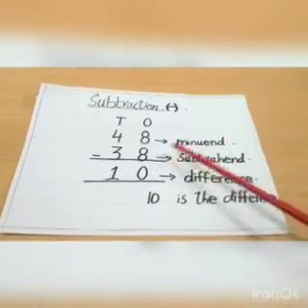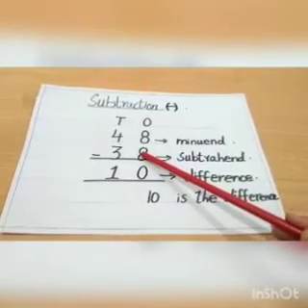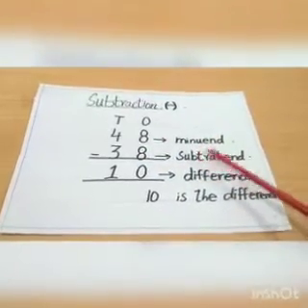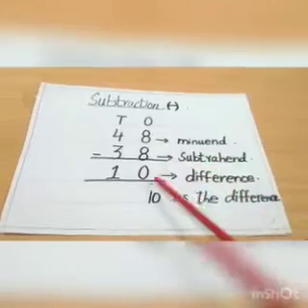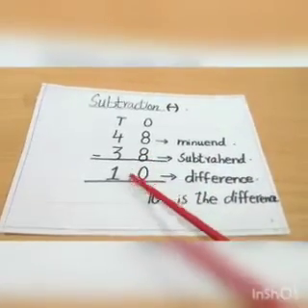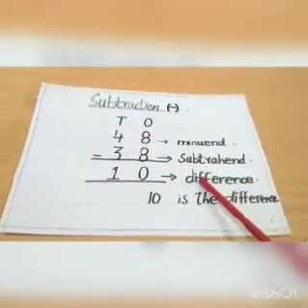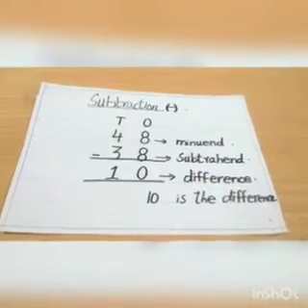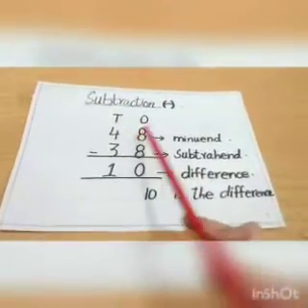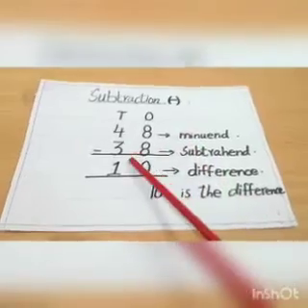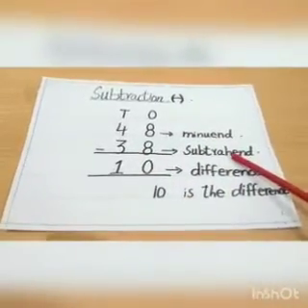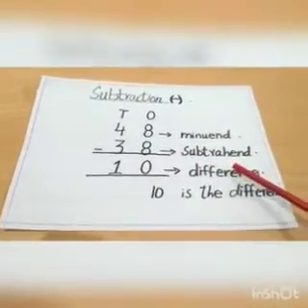The number that is subtracted is called the subtrahend, and the answer we get after the subtraction operation is called the difference. In the example we just solved, 48 is the minuend, 38 is the subtrahend, and 10 is the difference.